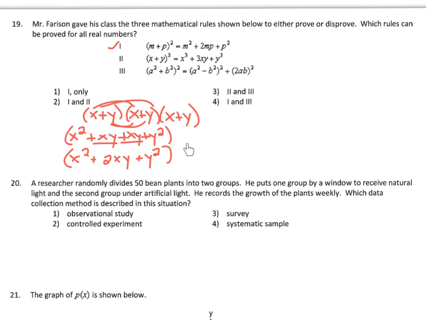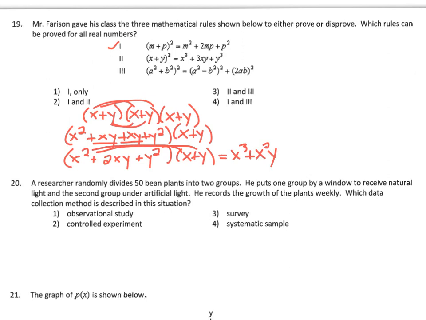Now let me take this x plus y, the third one, and bring it down. Now we have to distribute this trinomial to this binomial. I'm first going to take the x squared and distribute it to both terms, which gives me x cubed plus x squared y.